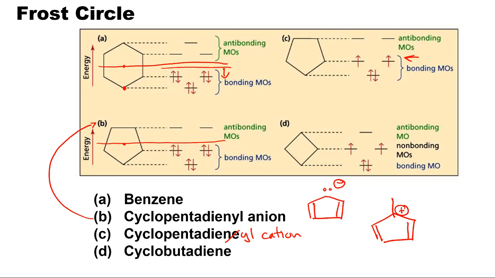If you take cyclobutadiene, that's this. That's 4 electrons, so 1, 2, 3, 4.